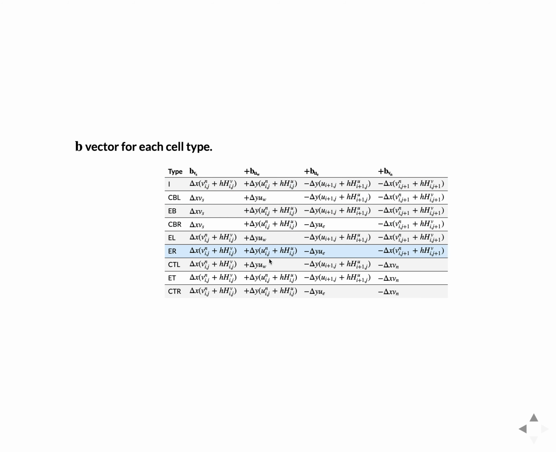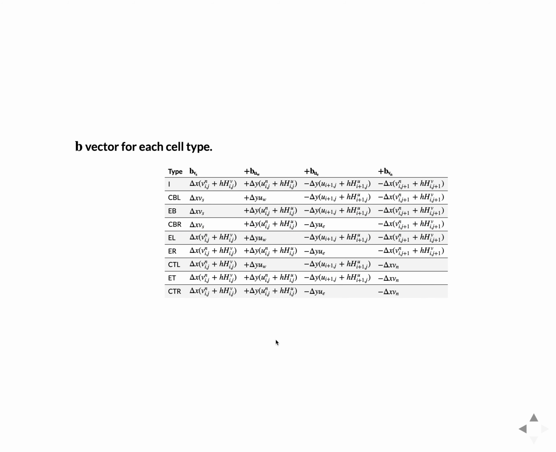When we're on other cells, we have exactly the same thing, except some of the terms are changed depending on what edge you're touching. So if we're the bottom left corner, then this term becomes delta x v south, and this term becomes delta y u west. But the other two terms are the same as they were above, and so forth for the other equations.